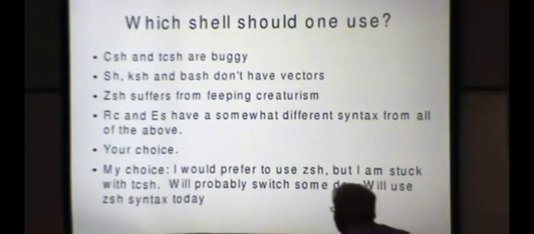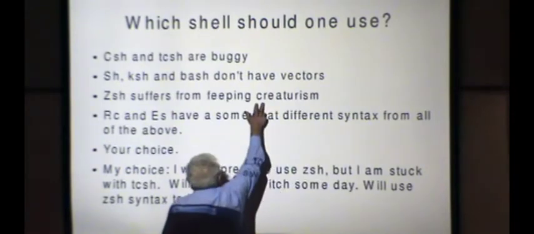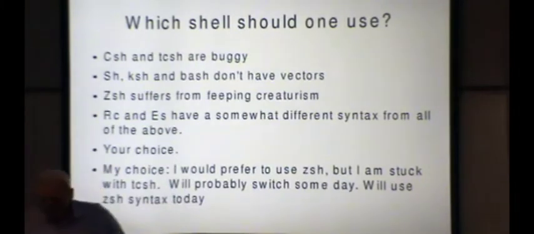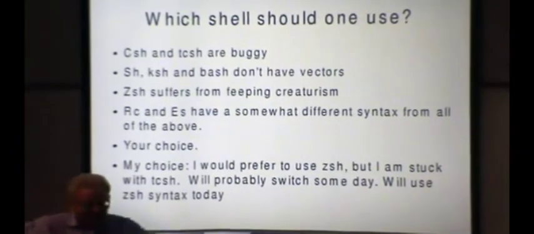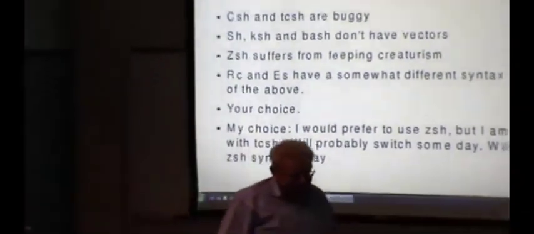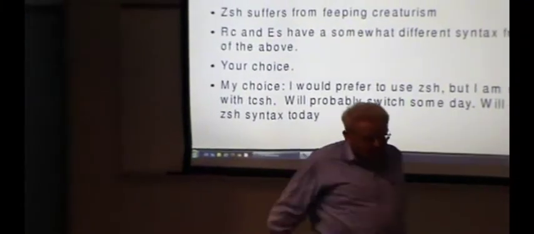Actually, if you take the CR and put it here, and you put the F and put it here, you get creeping featurism, which is, imagine a monster, which is features, which is gobbling up the system. That's pretty much the problem with ZSH. It's got features and features and features and features all over. It's got so many features you don't know what to do with it.